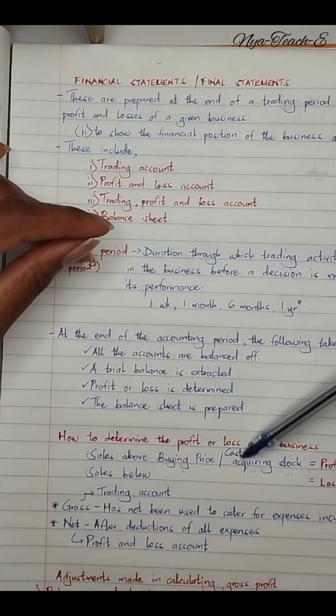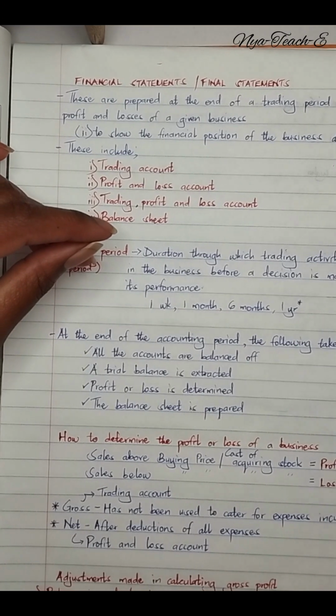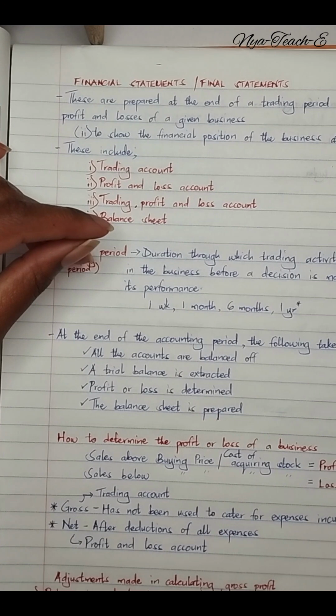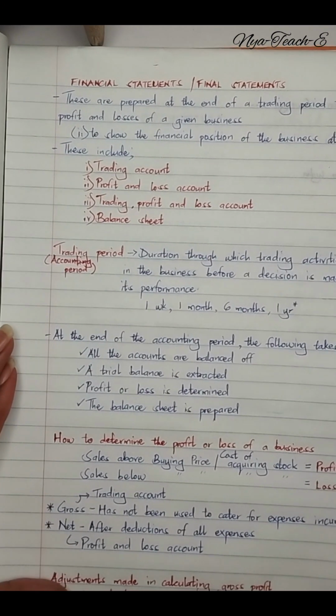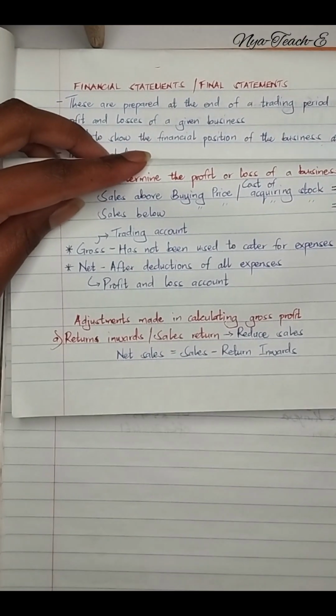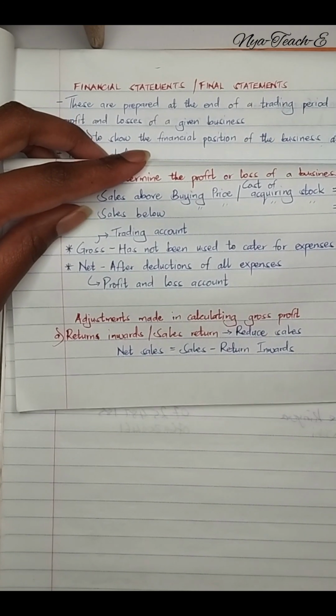If you sell below the buying price, you make a loss. These two are what we refer to as gross profit or gross loss in accounting. And gross profit can be found when you look at the trading account. Net profit can be found when you prepare a profit and loss account.